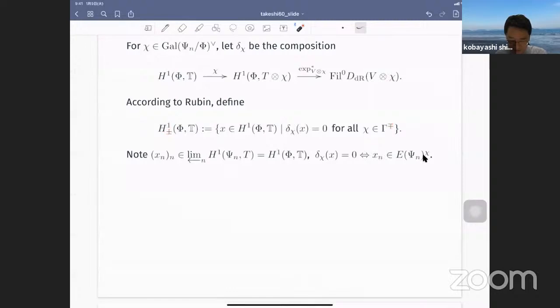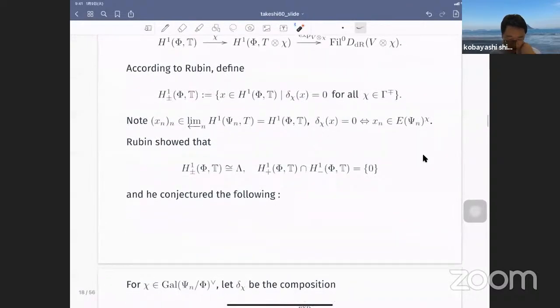It is correct. Note that if we consider x as a system of finite Galois homology groups, then δ_χ(x) is equal to 0 if and only if x_n comes from the χ-part of the local Bloch-Kato group. Because δ_χ is the dual exponential map, the kernel is H¹_f, which is the rational points. So we consider such a strange subgroup.